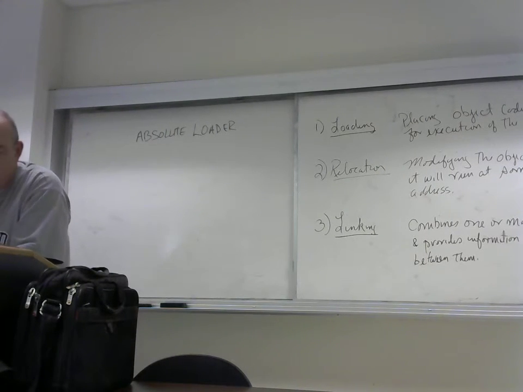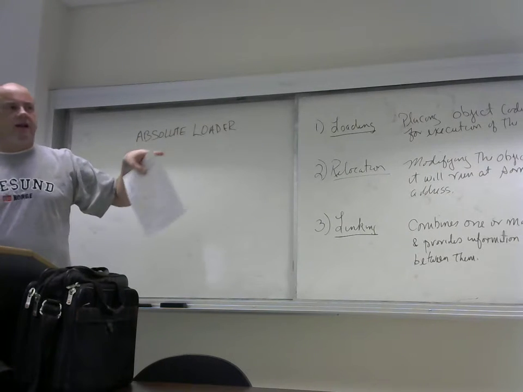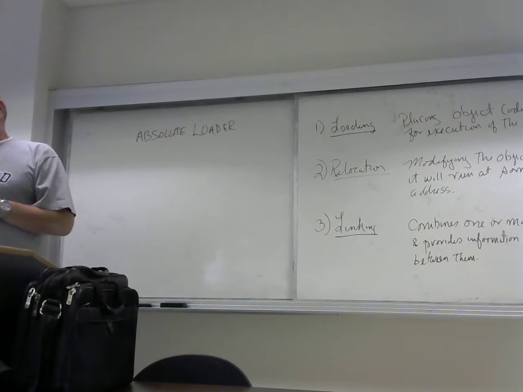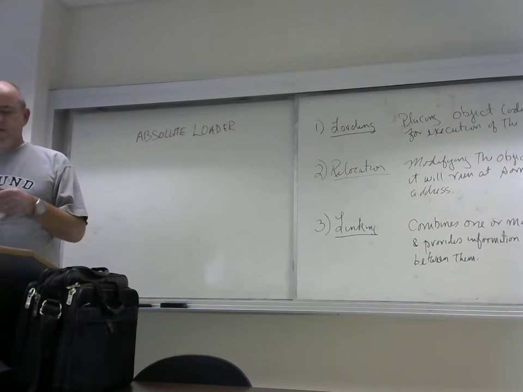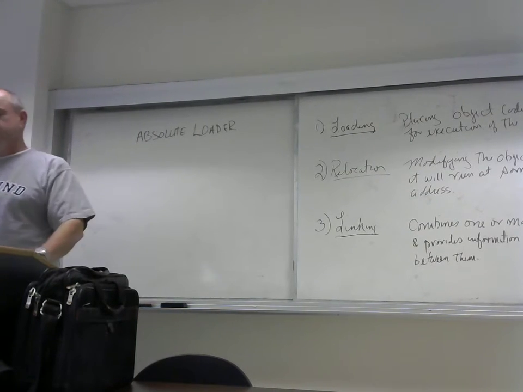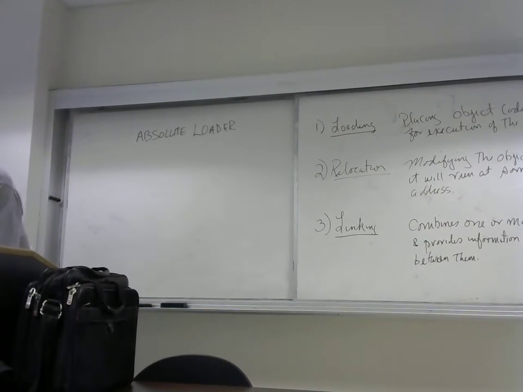Now then, looking at this other sheet, the formats, I've kind of listed these underneath for you because you're not totally familiar with them. The text record you should know. Those are fairly straightforward.